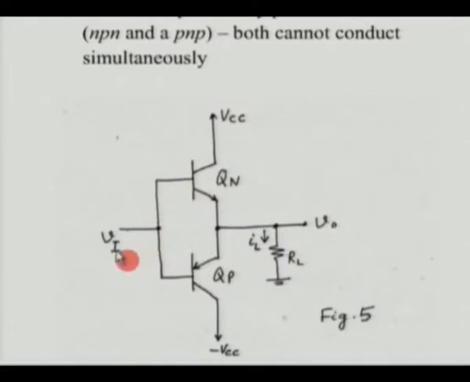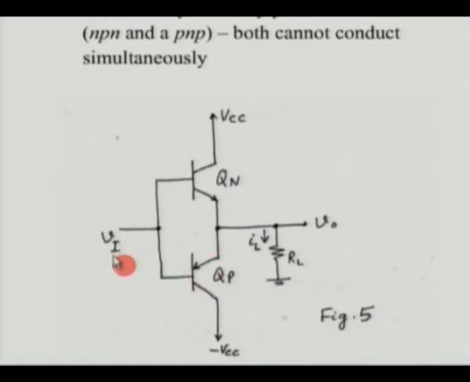So, till Vi equals 0.5, Qn cannot conduct. Once Vi exceeds about 0.5, this voltage may not be exactly 0.5, but somewhere around that, Qn starts conducting, and current starts flowing into the load. During the entire positive half cycle, the QP device, the bottom PNP device, would be off.